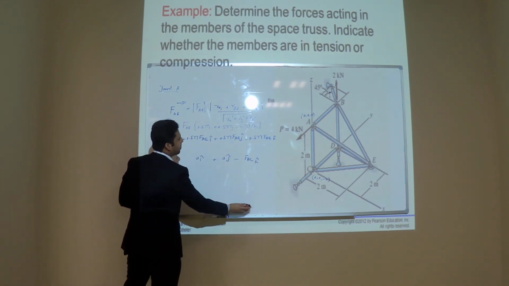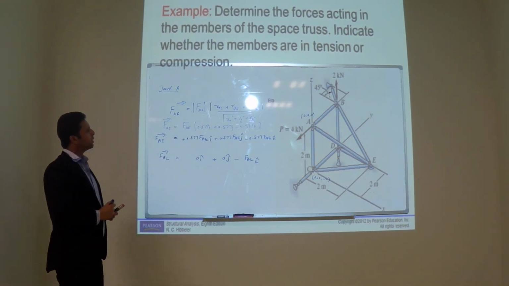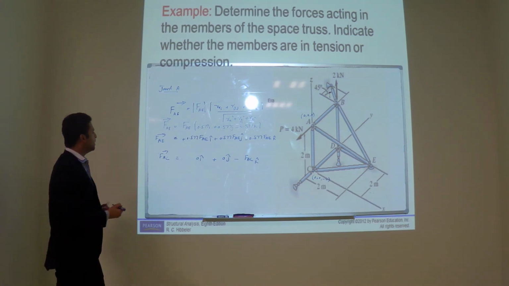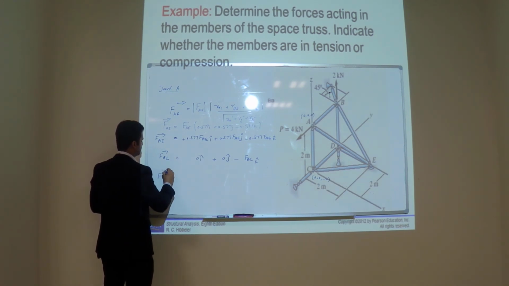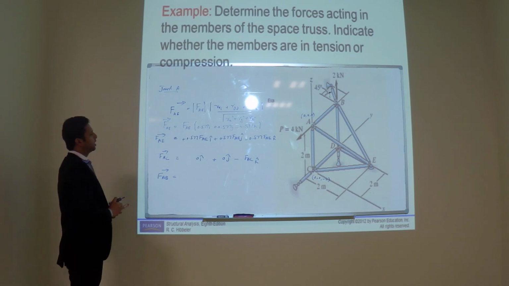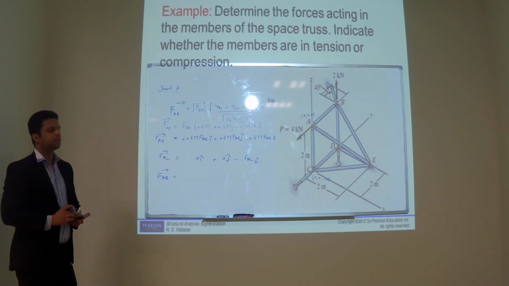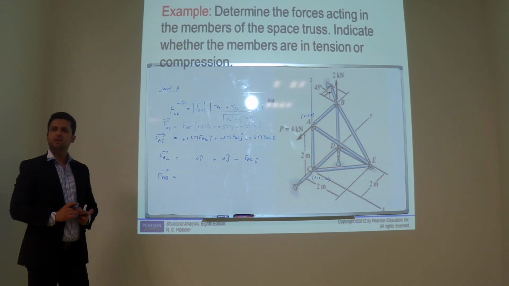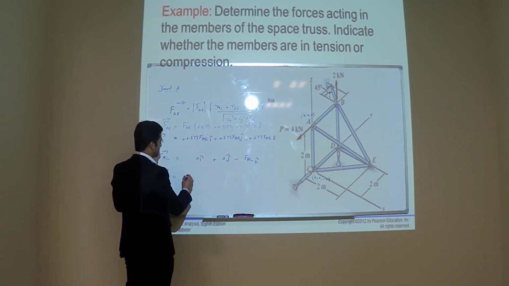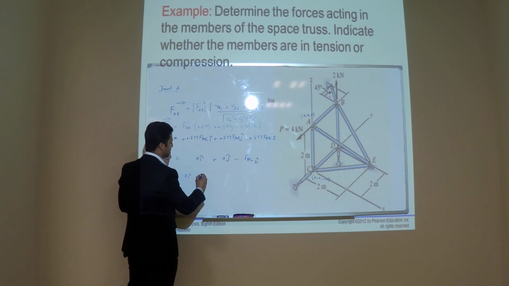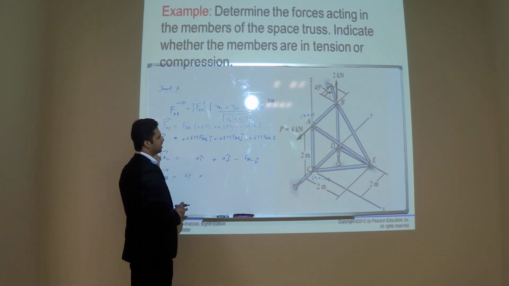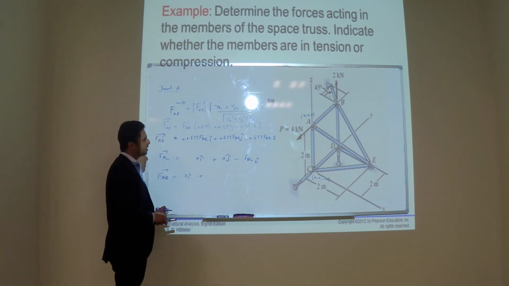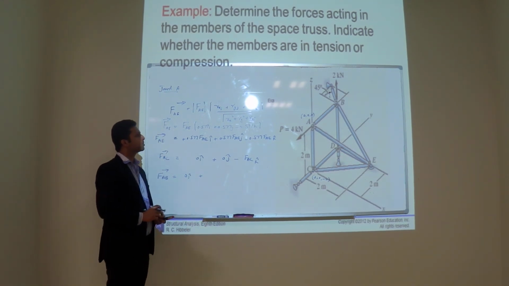Now, what about the position vector of AB, FAB? 0 to 0, 0 to 0, just on y, 0i plus 2j. In the end, after you calculate the root and divide, everything cancels out and you get just plus 1 j.